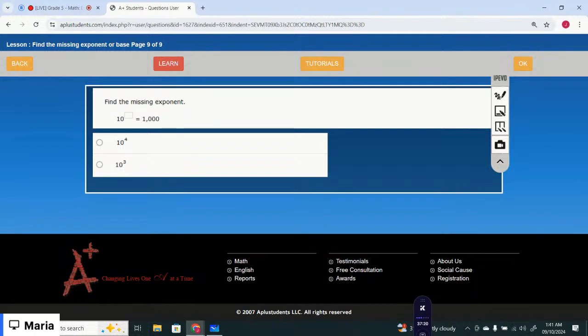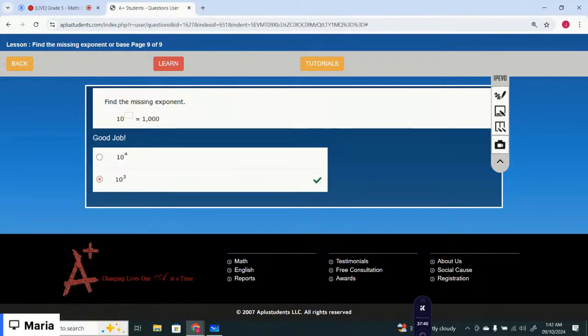Find the missing exponent, which is the correct option? That is 10 exponent 3. Option number 2 is the correct option.